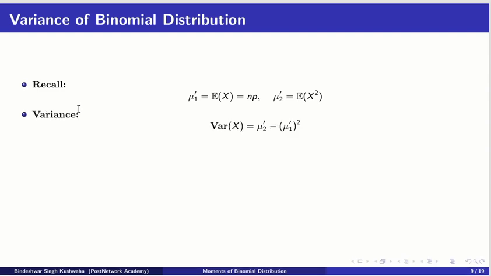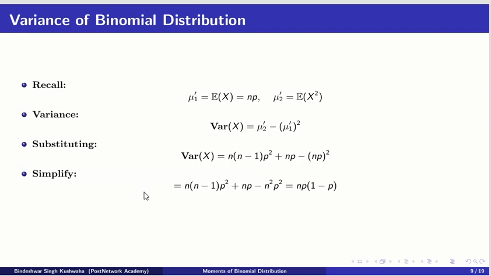Variance is mu2 prime minus mu1 prime square. So let us plug in all the values, and variance would be np(1 minus p), and that would be equal to npq. So we will use this one.